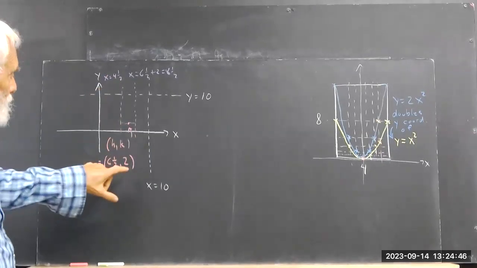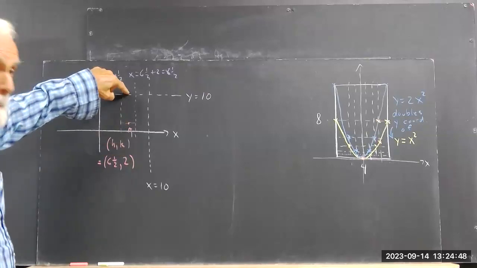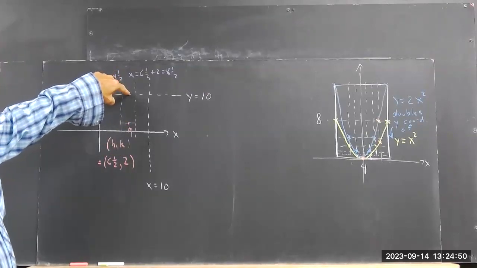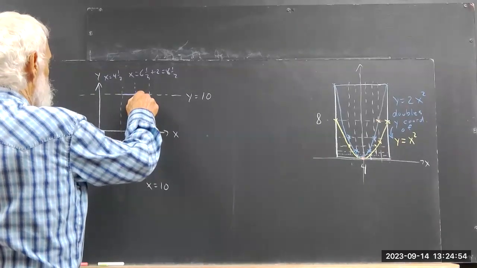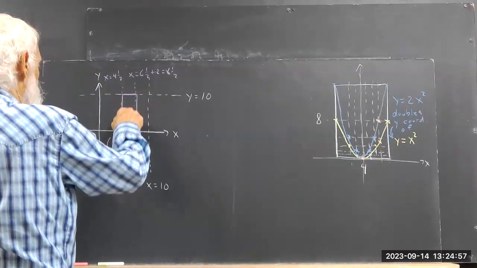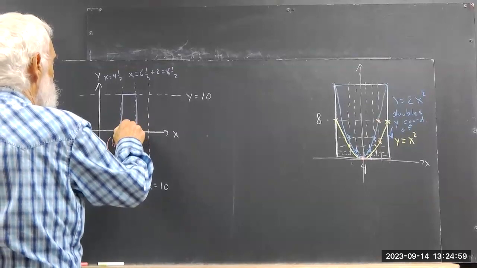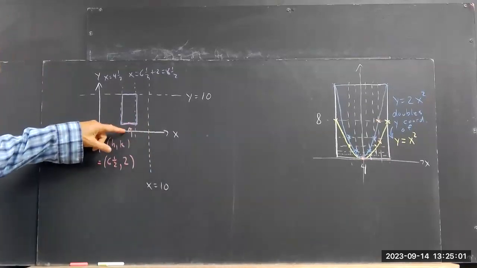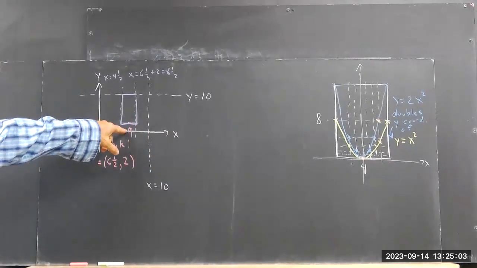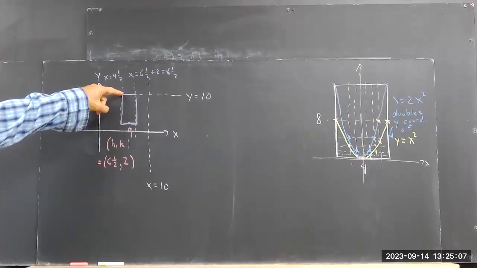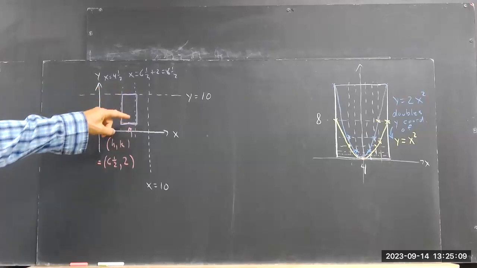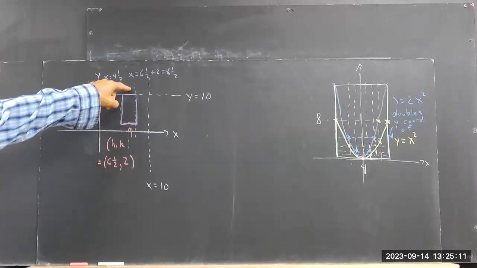Now, actually, if this is at 2, 8 puts you at 10, right? So the way I've got it, which is not necessarily the way you've got it, but a lot of people do. A lot of people estimated 2 for this point. If you estimated 1, then you're not going to go quite to the y equals 10 line, are you? If you estimated 3, you go a little over the line.